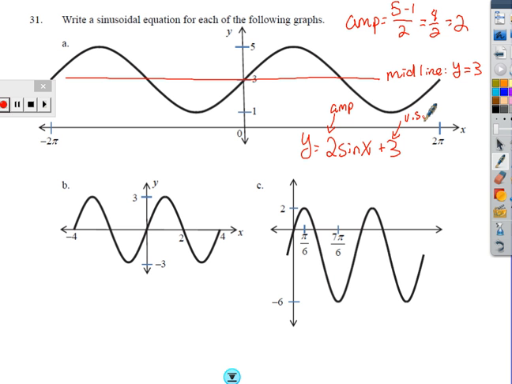Now, letter B. I noticed that my period is no longer what I was expecting. In letter A, the period was 2 pi, so I didn't have to worry about it. But now I notice the period is different. So the first thing I'm going to work on in letter B is figuring out what k is going to be. My period equals 2 pi over k.